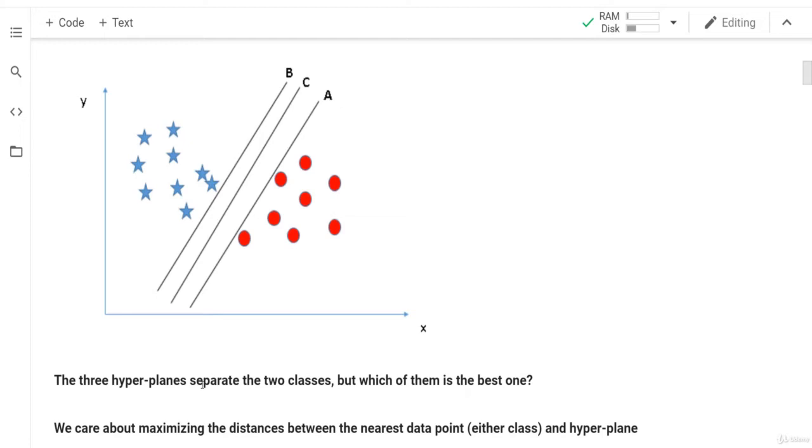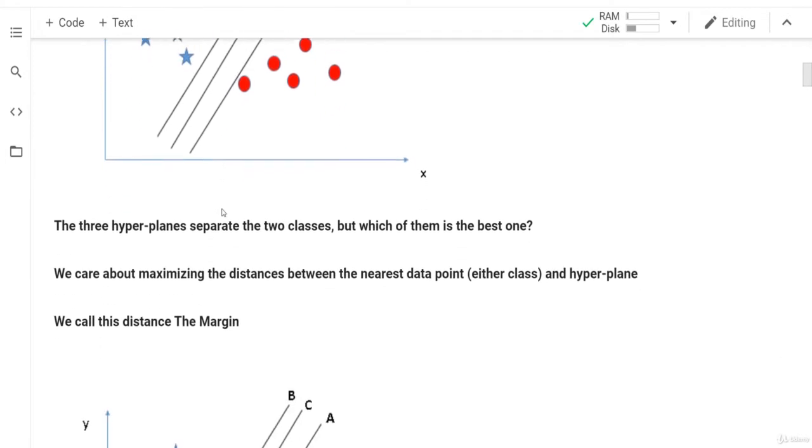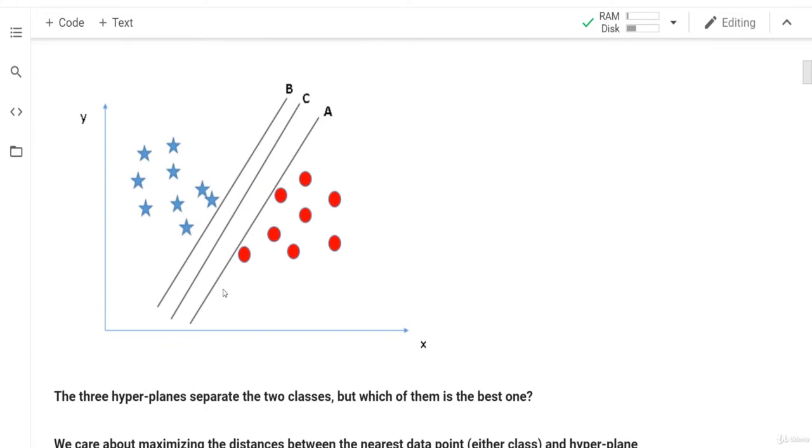Here, we care about maximizing the distance between the nearest data point of either class. So this is the nearest data point of this class and this is the nearest data point of this class, and the distance from here to here is called the margin. We want to maximize this distance, so C is the best one.